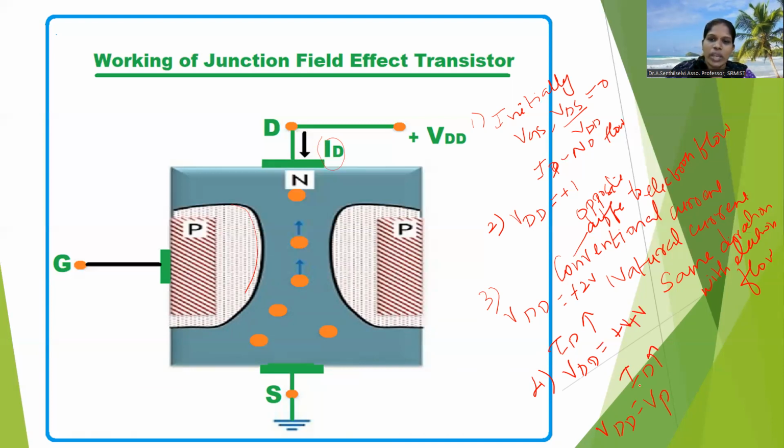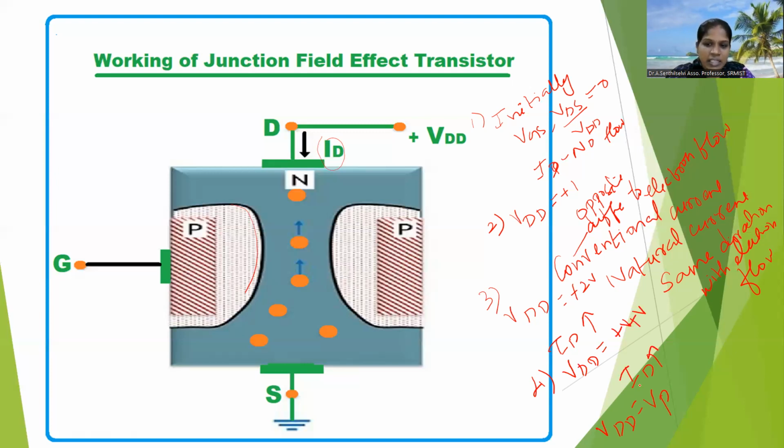Okay. So initially we are making VGS and VDS 0. There is no current flow because the depletion layers are in contact with each other. There is no electron flow, that's why no current flows. Then we apply some positive voltage in VDD, because of which there is a flow of electrons from source to drain. Then there is a flow of ID current.